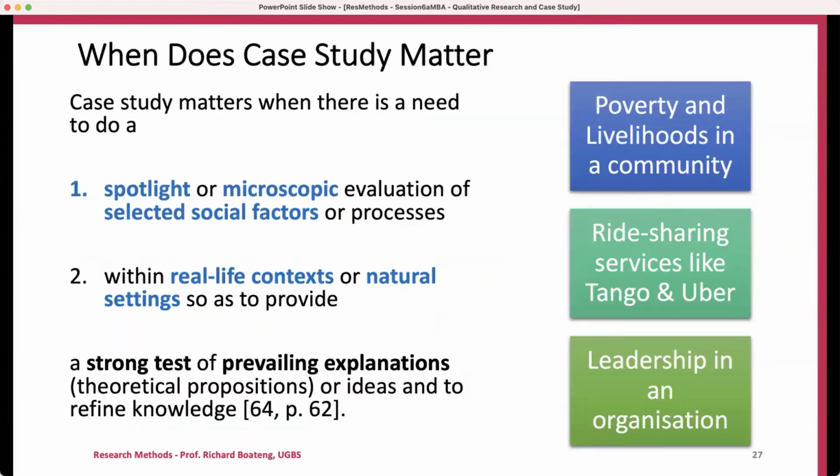I think I don't have it here, but one thing about case studies is that there's a need to do a spotlight or microscopic evaluation of selected social factors or processes. So something is happening in society right now. You just want to narrow down one and give it a spotlight, and do that study on it. Then you can actually do a case study on the current media landscape in Ghana.